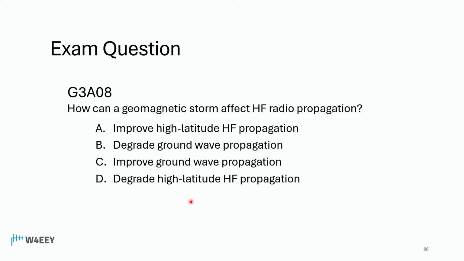How can a geomagnetic storm affect HF radio propagation? Delta. It is delta, degrade high latitude HF propagation. It wouldn't really have an effect on ground wave. That was the other degrade.